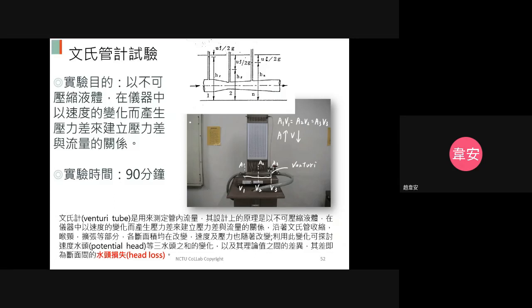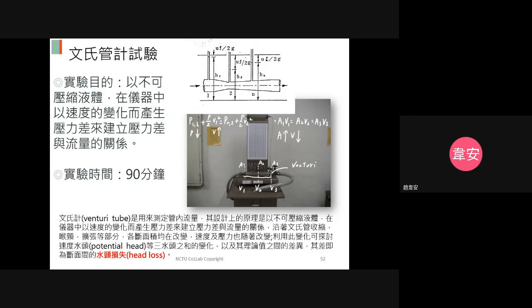Also, the Bernoulli equation tells us we have the piezometric pressure P1 plus one half rho V1 squared equals the piezometric pressure P2 plus one half rho V2 squared. So the Bernoulli equation also tells us that higher velocity will have lower pressures.